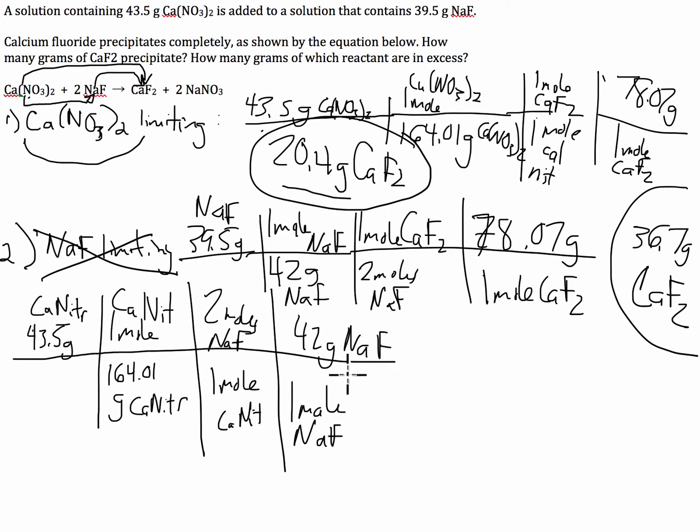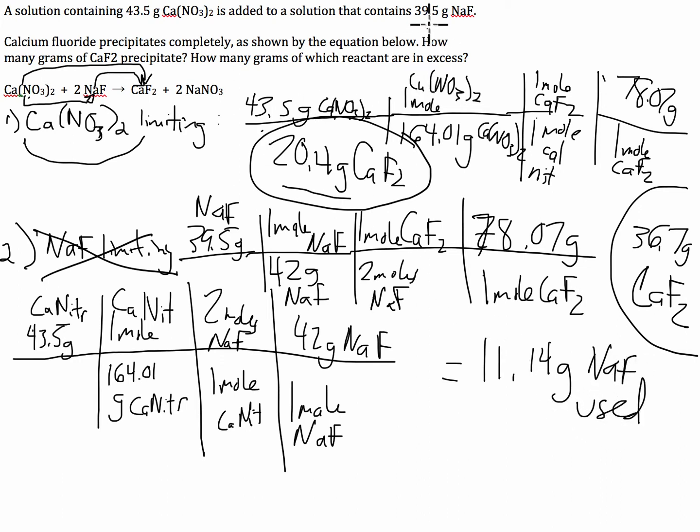What I'm getting here is the amount of sodium fluoride that is used up when I completely react 43.5 grams of calcium nitrate. Give me a minute with my calculator. So this gives me the fact that I use 11.14 grams of sodium fluoride.